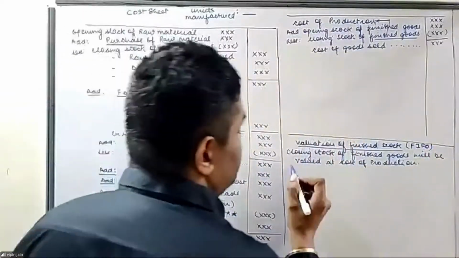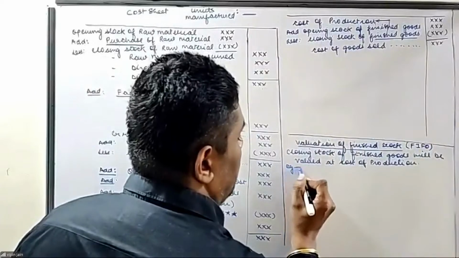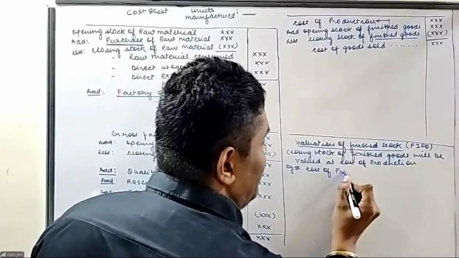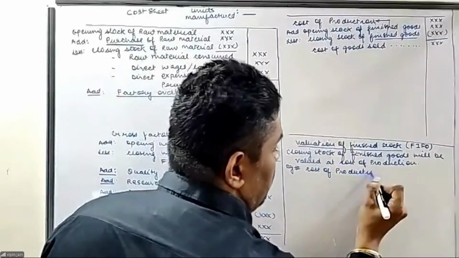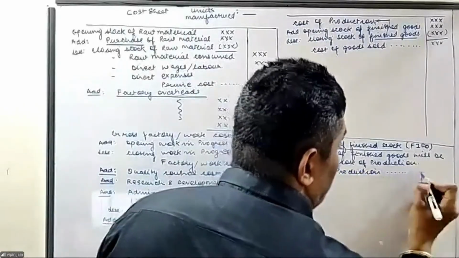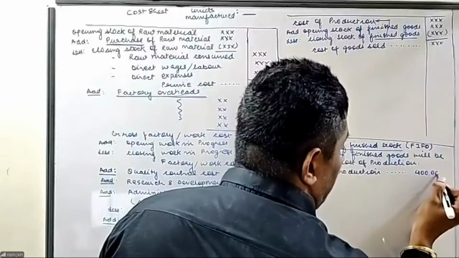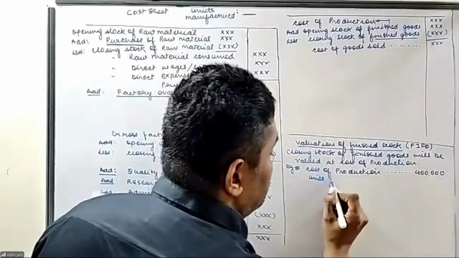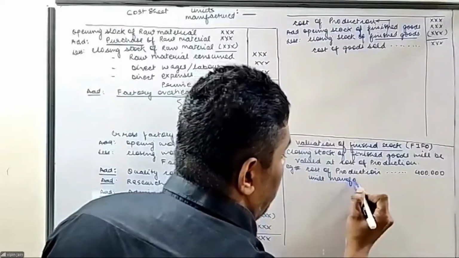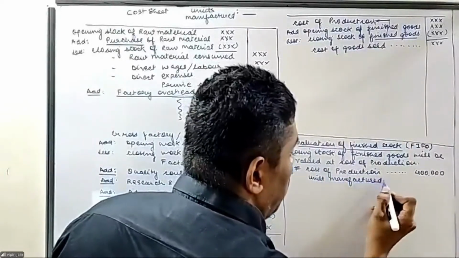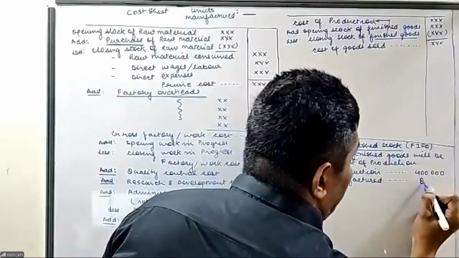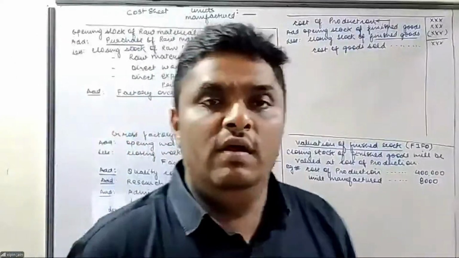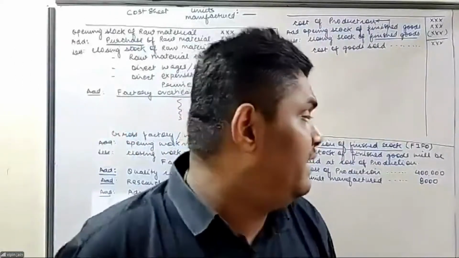Let's say my cost of production is 4 lakh. My units manufactured are, let's say, 8,000.